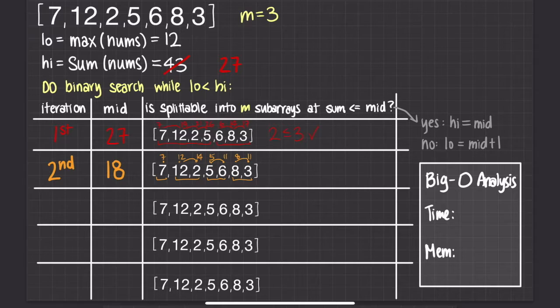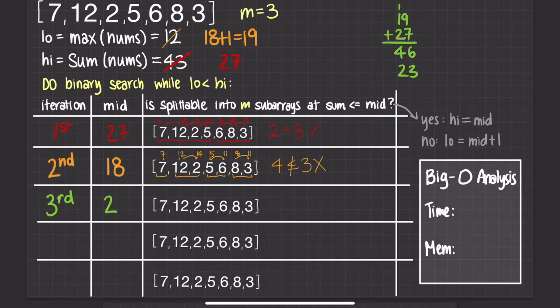Since we have 4 subarrays split, and 4 is not less than or equal to 3, we change the low to mid plus 1, meaning this mid value is too low for the value we should return. On our third iteration, the midpoint between our low and our high would be 23.